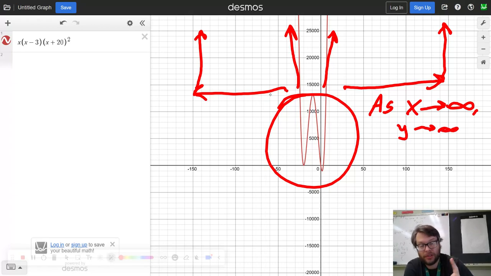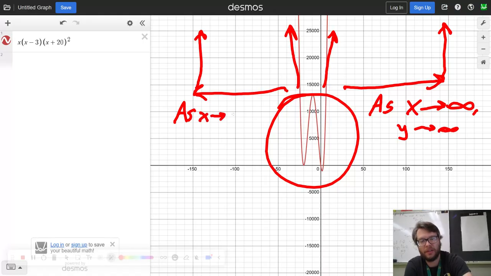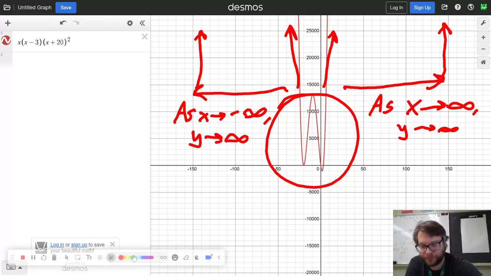Then you're not done. You just talked about one end of the graph. The graph has two ends. It also goes to the left. So how can we describe going to the left? As x approaches negative infinity, y approaches positive infinity. So let me put that in just plain English.